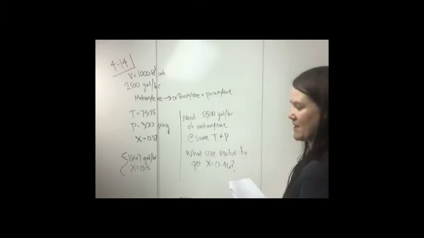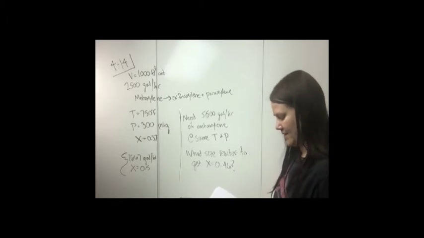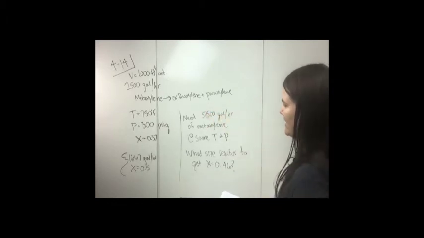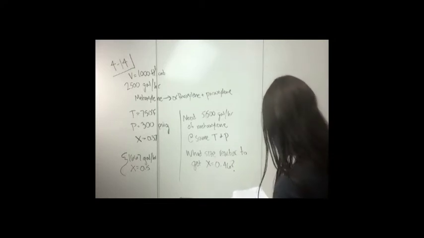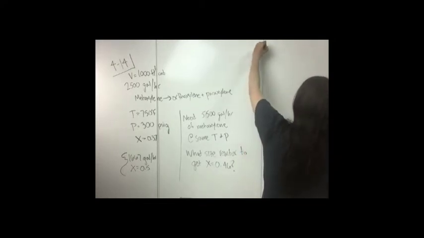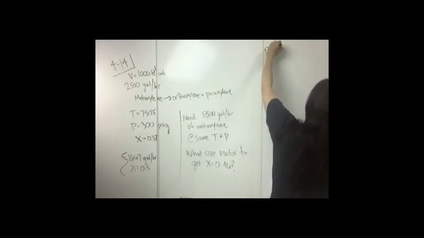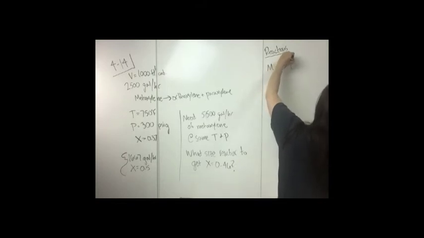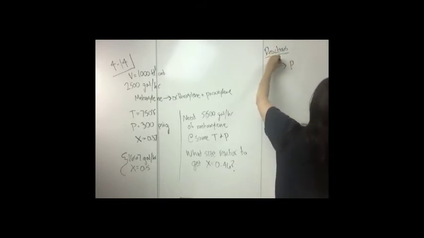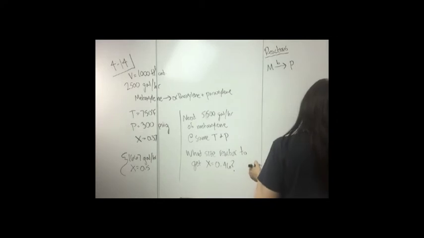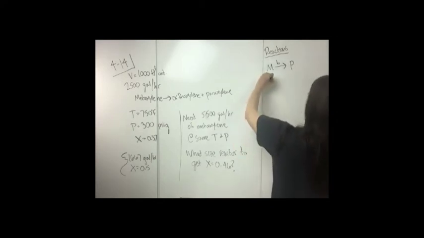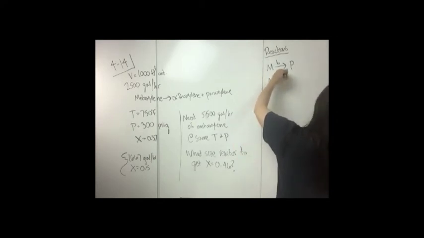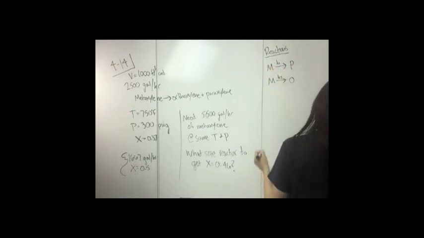The first thing we want to do with this problem is write down the reactions, because it didn't give the reactions, it just described them. So the reactions: metaxylene to paraxylene, I'll say that's K1, and metaxylene to orthoxylene, that's K2.